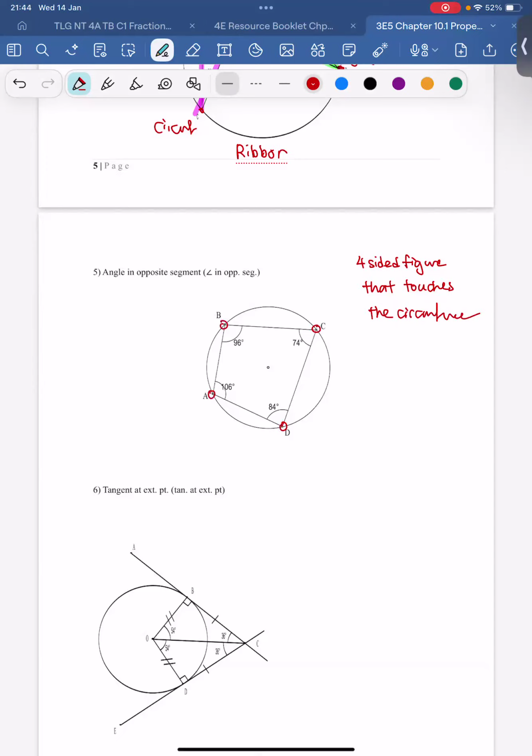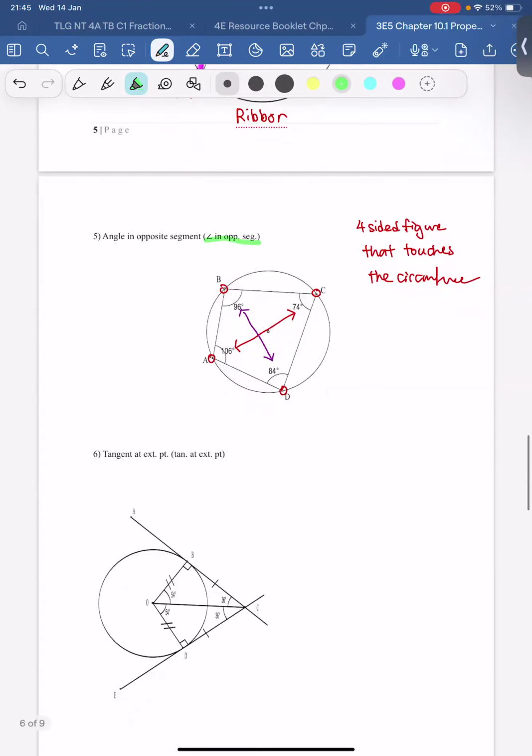You have a four-sided figure that touches the circumference. And what will happen? These two will add up to 180. The opposite angles will add up to 180 degrees. So whenever you see a four-sided figure that touches all corners, think of this property. And this property, short form of reasoning, is called angle in opposite segment.